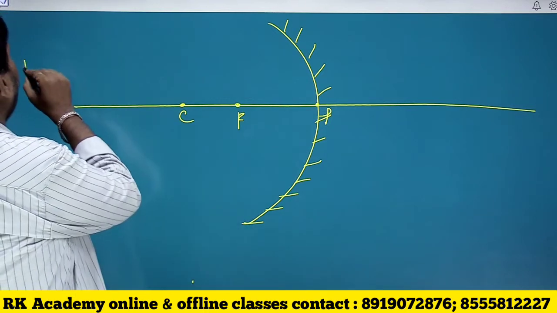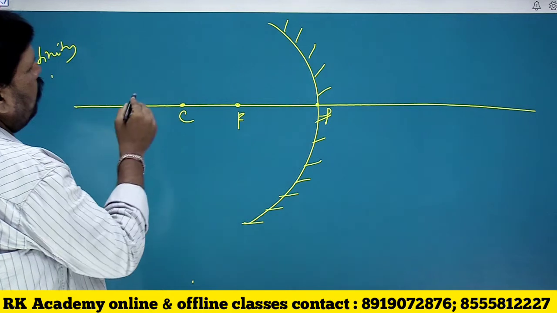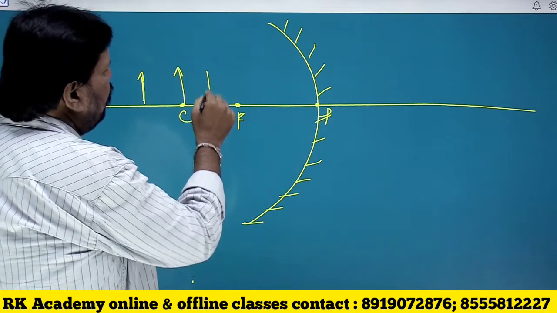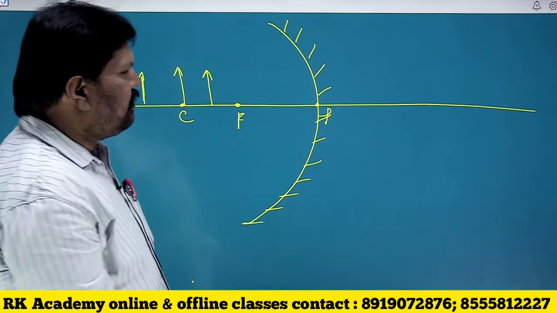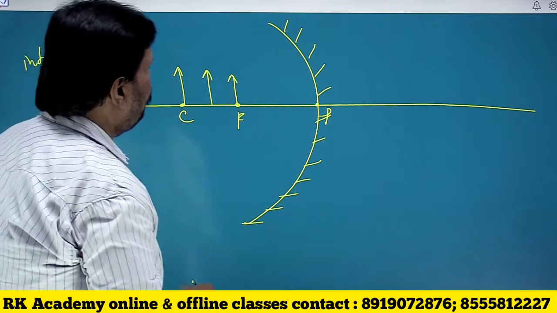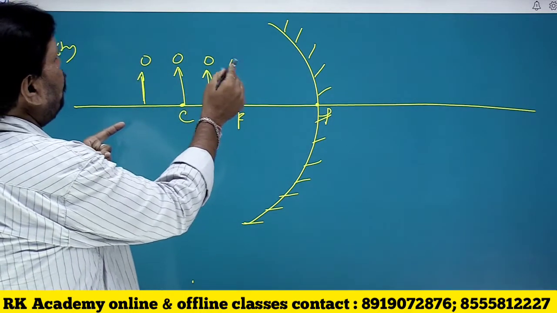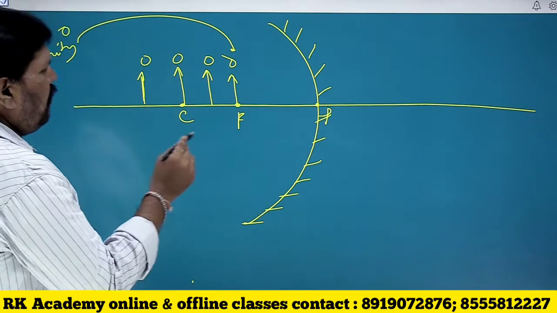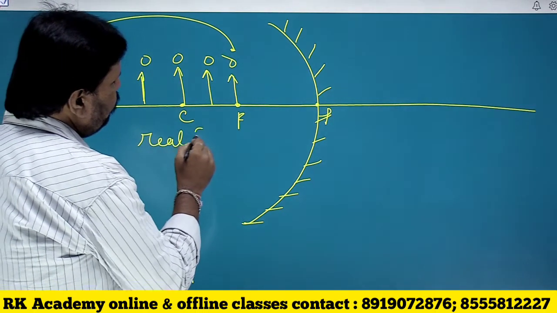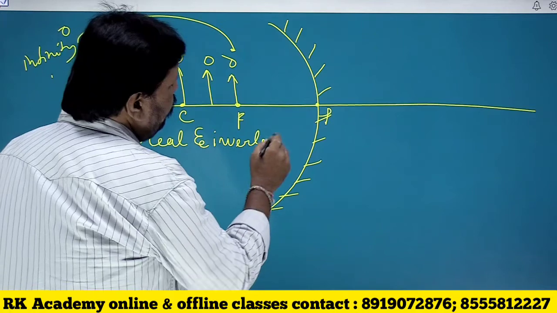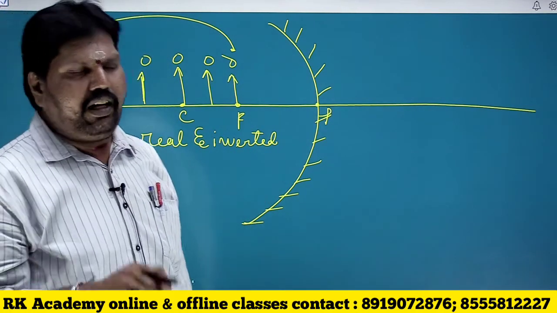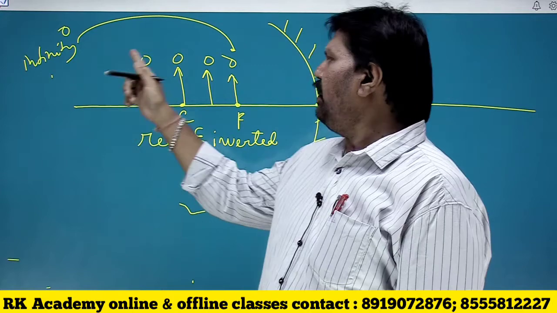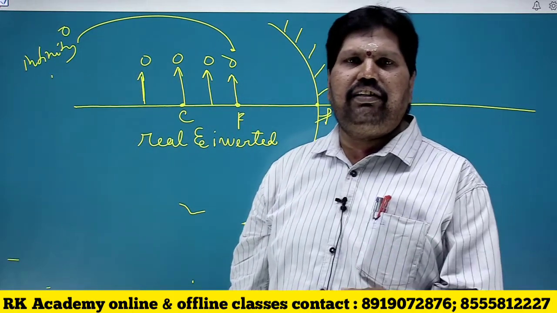If you keep the object either at infinity, or beyond the center of curvature, or on the center of curvature, or in between the center of curvature and focus, or on the focus, so wherever you keep the object from infinity to focus, the images formed are real and inverted.